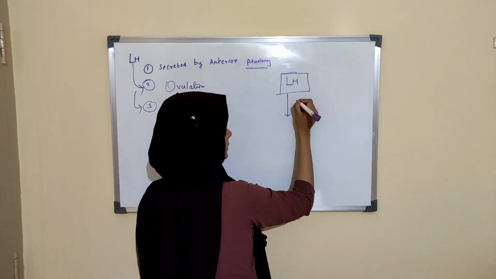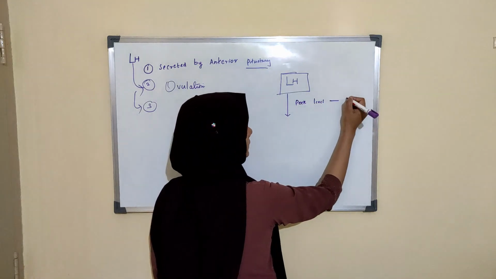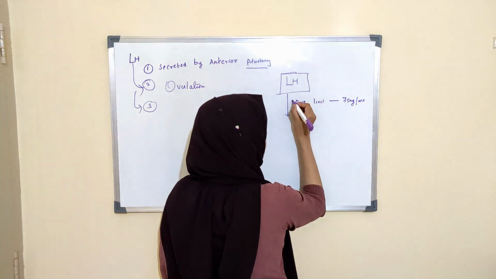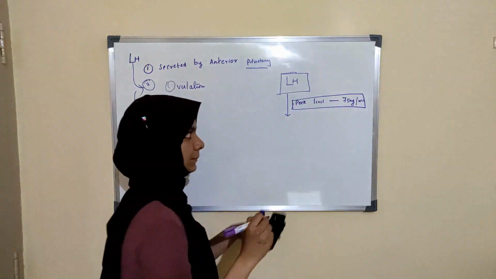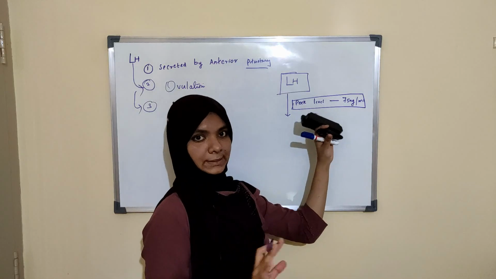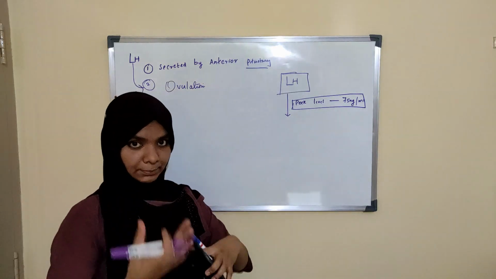The peak level of LH required for ovulation is 75 nanogram per ml. This we should learn by heart. There is no other way to study these types of values. The only solution is to memorize, or you have to read it repeatedly.